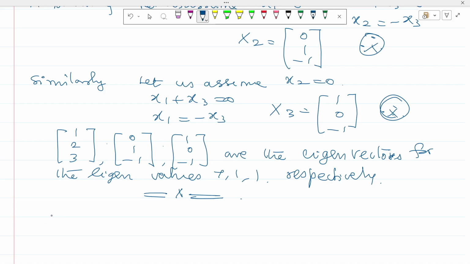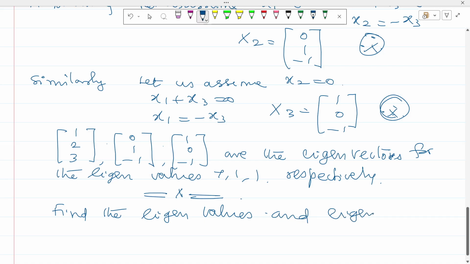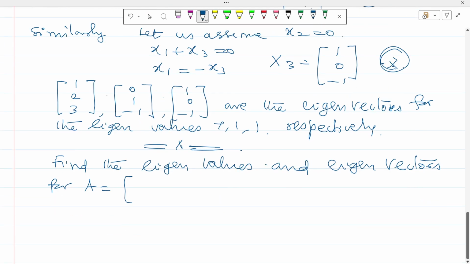Okay, see, find the eigenvalues and eigenvectors for A equal to [6 minus 2 2; minus 2 3 minus 1; 2 minus 1 3].